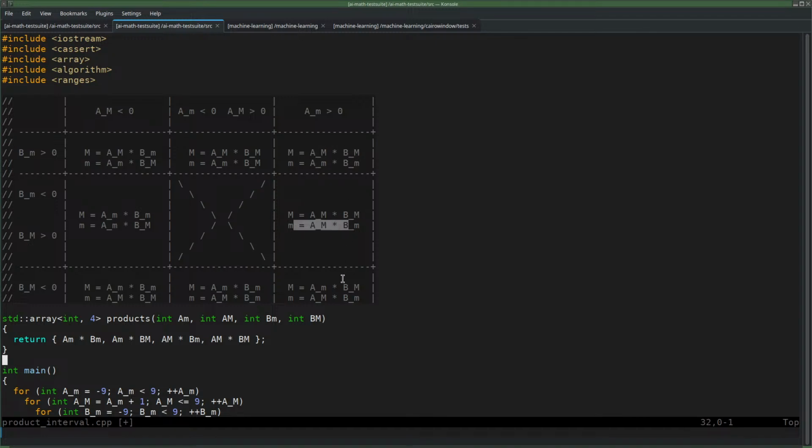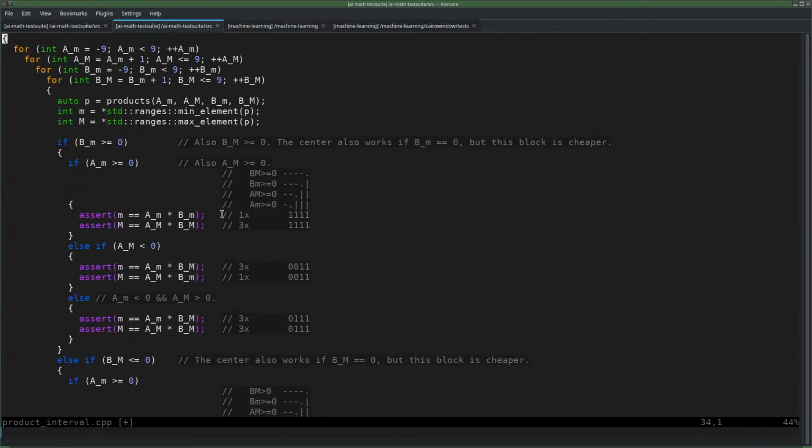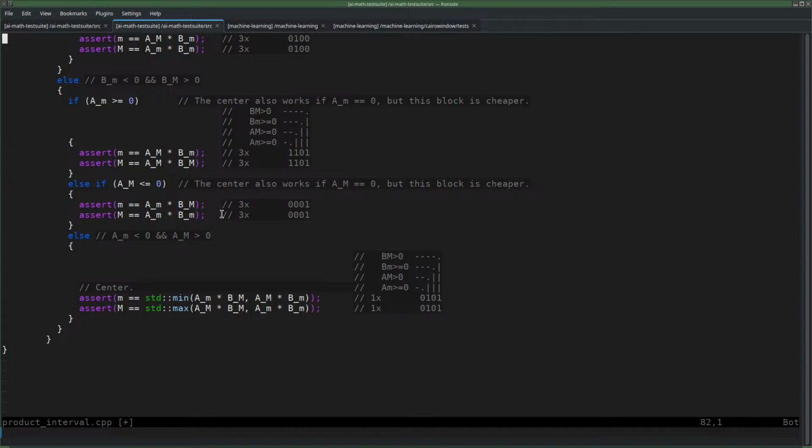And that is in all of these cases. So by looking at the signs, in these eight cases, you only have to do 2 multiplications. But in the center here, when they both include 0, both A and B, then you have to do 4 multiplications. There's no other way, it seems.